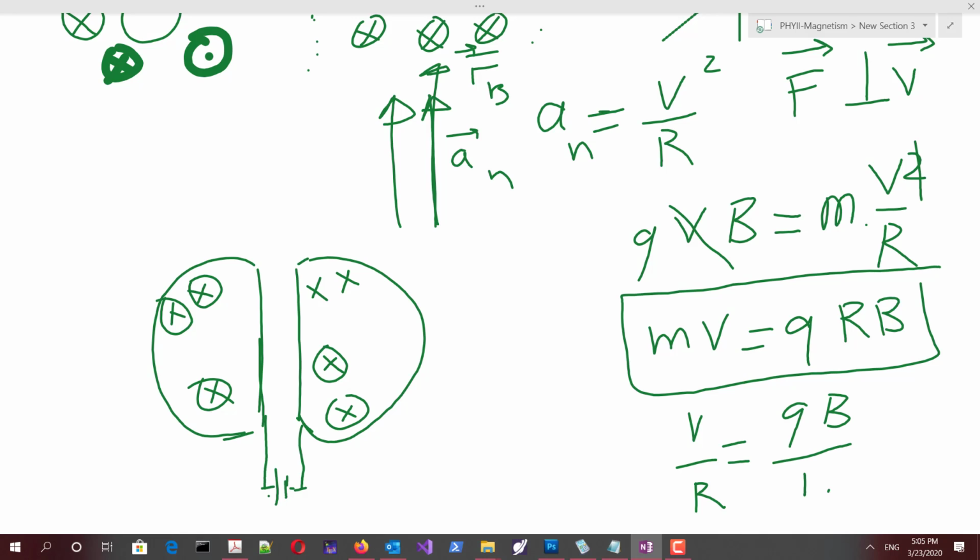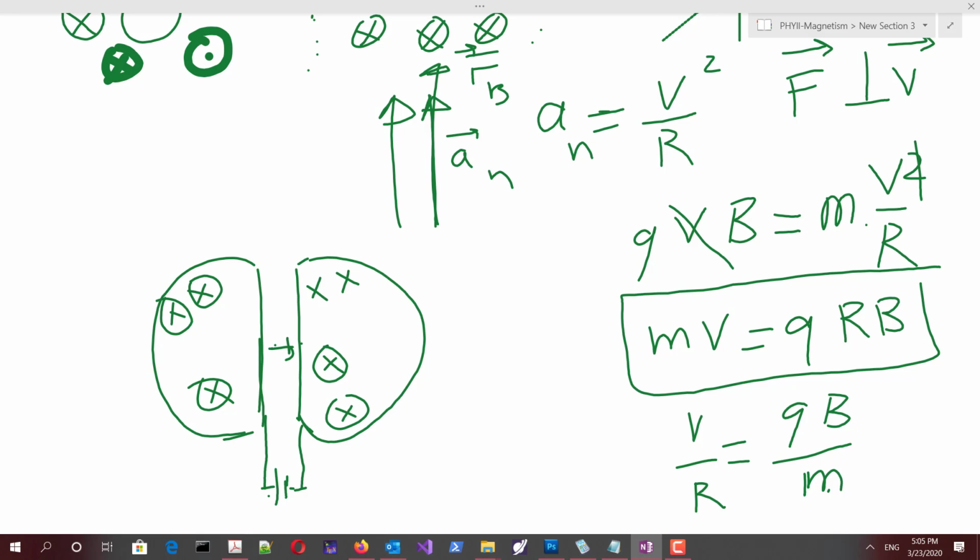If I take protons, for example, put them in the region in between and apply a voltage in here, then a charged particle, a proton for example, because this side is at a higher potential than this one, starts moving this way.